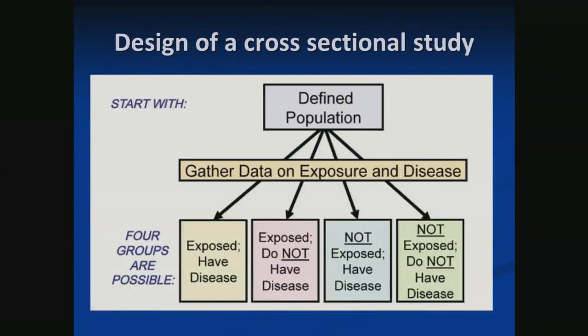We just gather data on exposure and disease at the same time. We cannot assess incidence from this, right? There's no element of time. We can assess prevalence. And this is a very useful study design because it's very efficient, less time consuming, and effective, but very limited in inference.